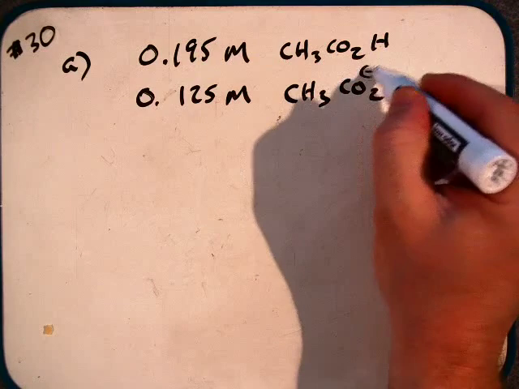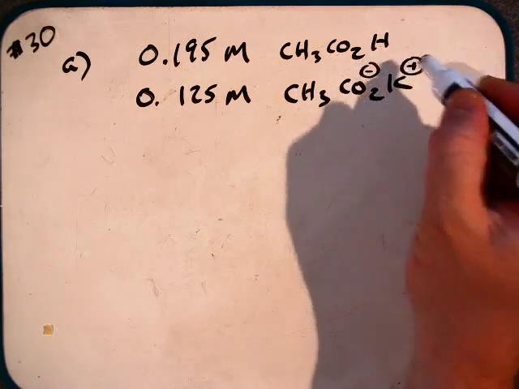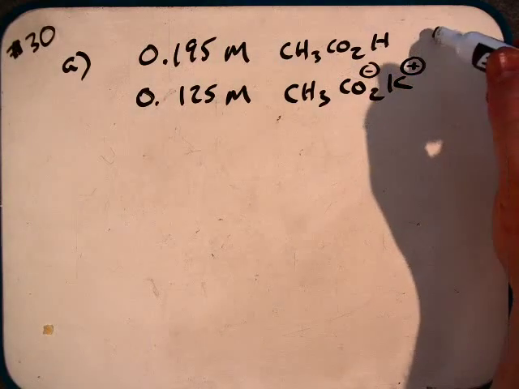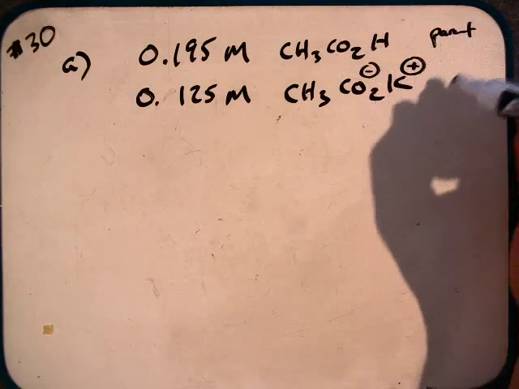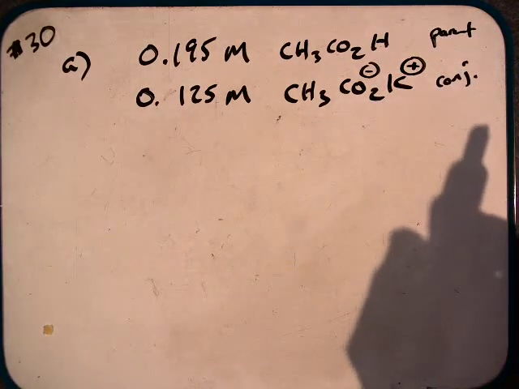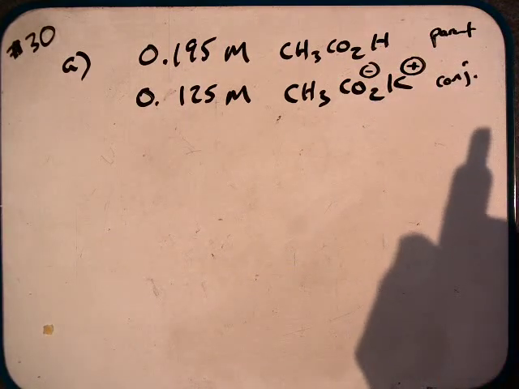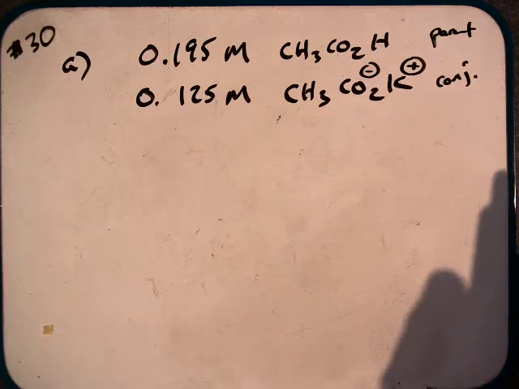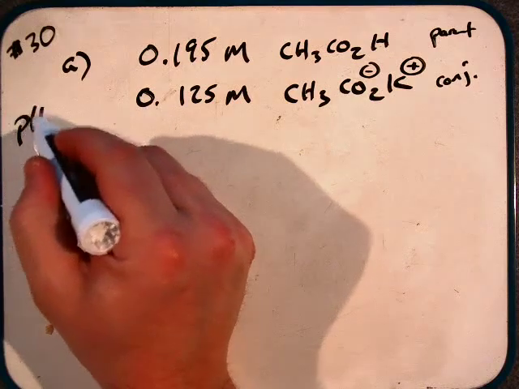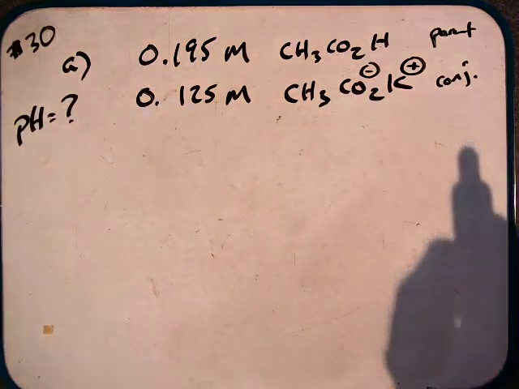And so Tro doesn't like to write the charges, but those are our charges. So what we have here is a parent and a conjugate, and so as a result we have a buffer. Now the question is asking us to use a nice table, so we're going to use a nice table to solve for what the pH actually is.